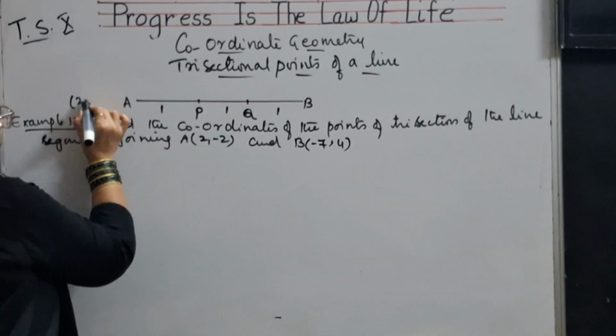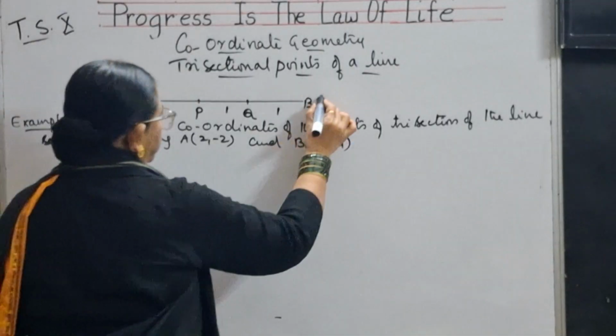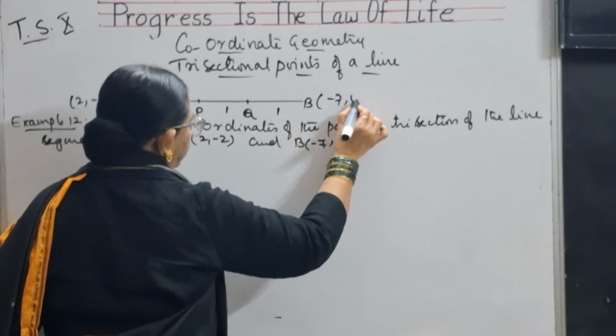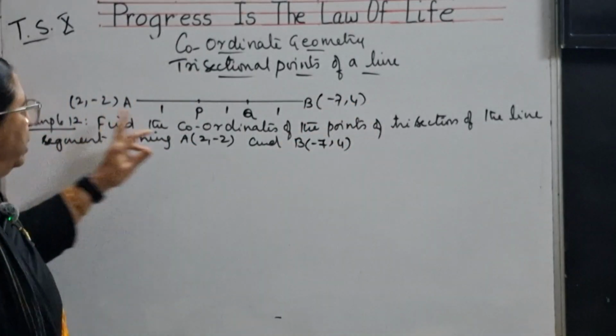So A value is the ordered pair (2, -2), and B is (-7, 4). These are the ordered pairs of A and B.